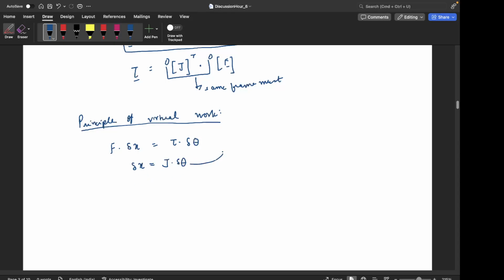Using this relation here, what we get is F times J delta theta is equal to tau times delta theta, this is a dot product, this is a dot product, and we know that A dot B can also be written as A transpose B. So this is F transpose J delta theta, and this is tau transpose delta theta.